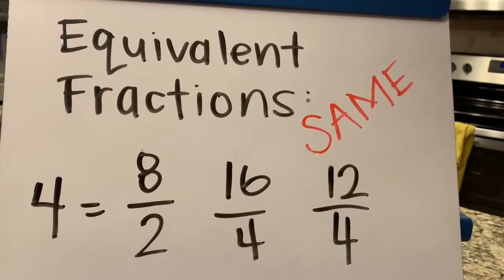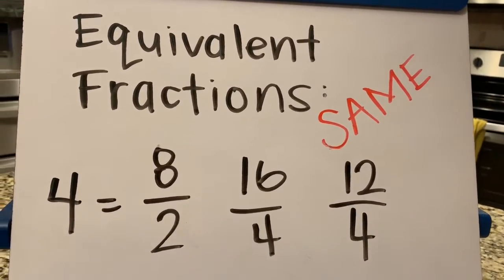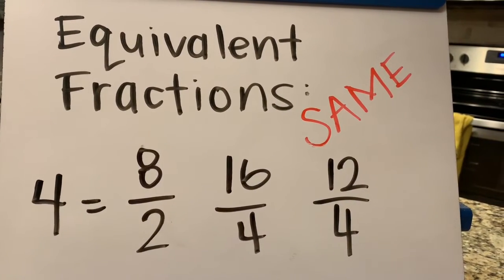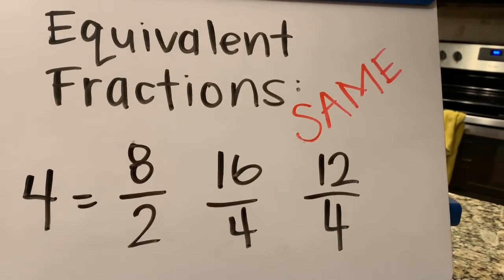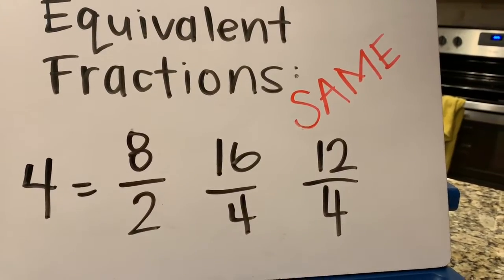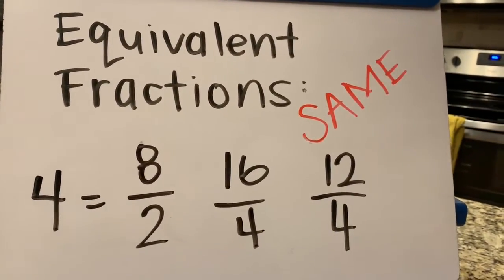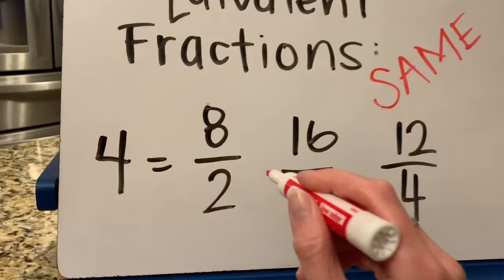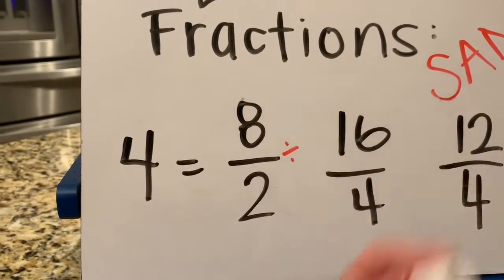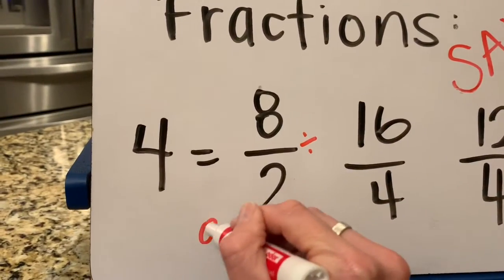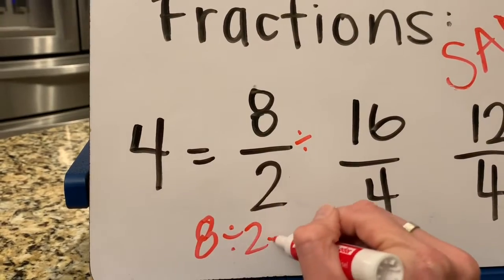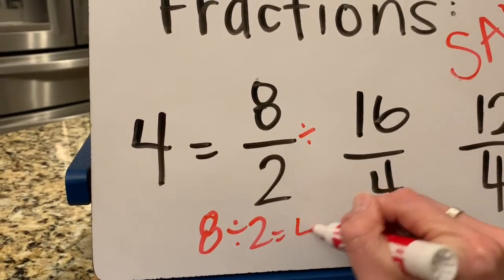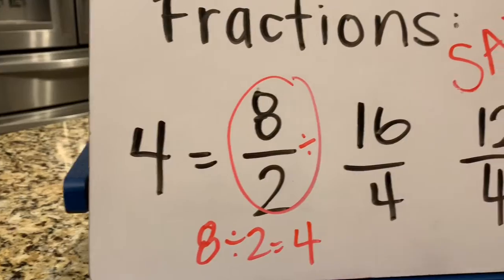so I know that this fraction would not be equivalent to 3. What if we wanted an equivalent fraction for the whole number of 4? Which one of these fractions, or how many of these fractions, is actually equivalent to 4? So let's check ourselves. Remember that this sign is going to be used as a division symbol, so I would say that 8 divided by 2 is equal to 4. So I would say that this fraction works.